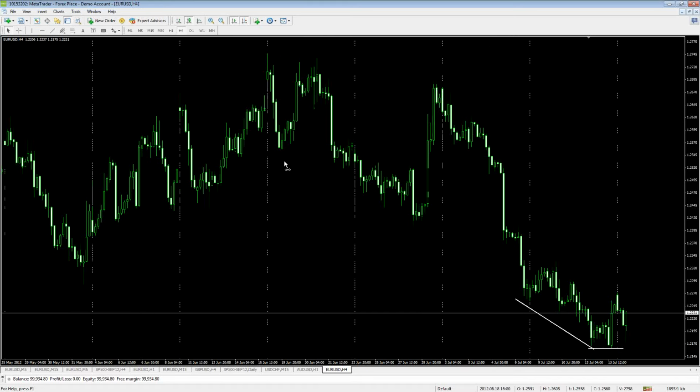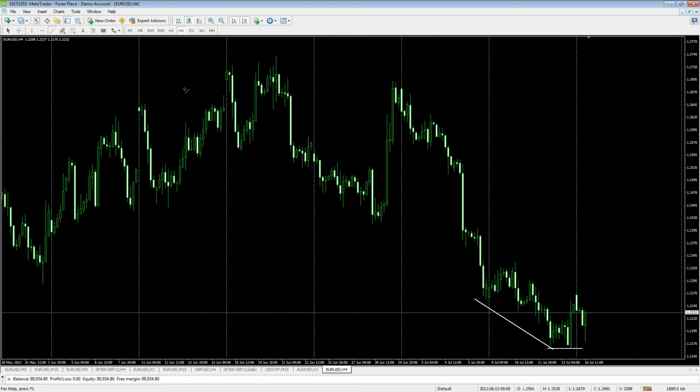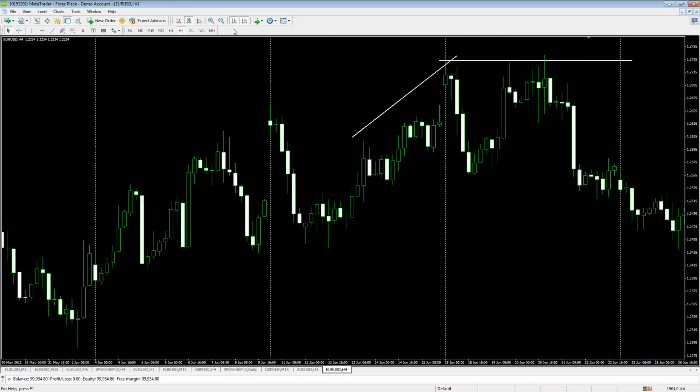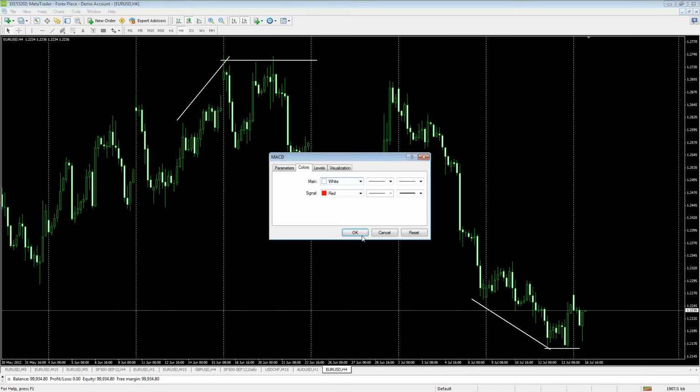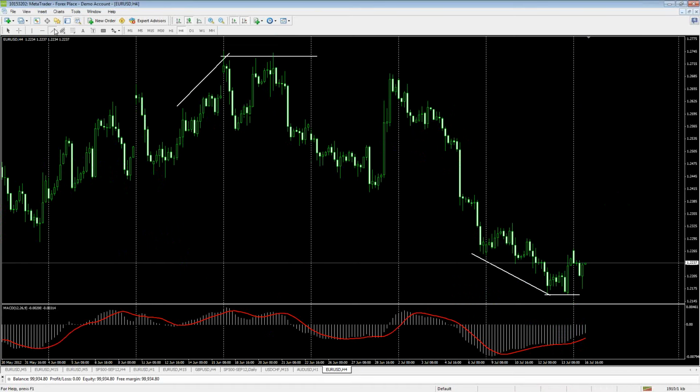If you see the price going up and then stopping in a double top formation, obviously you'll see divergences in all these patterns, at least one divergence, if not two. You can see here divergence on the MACD, for example. Be aware of these reversal patterns.